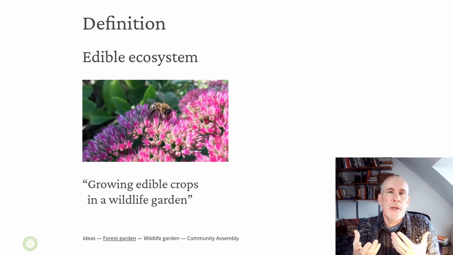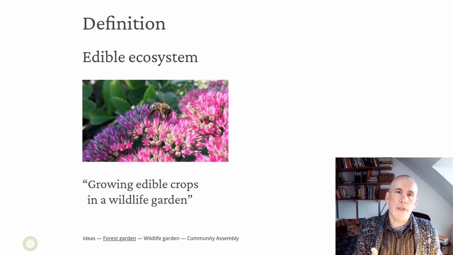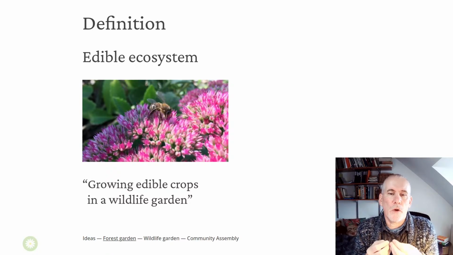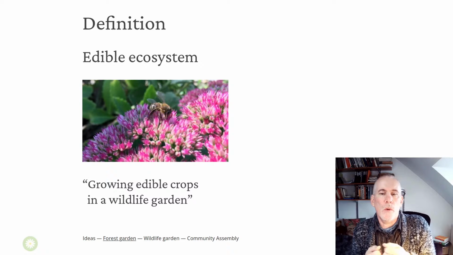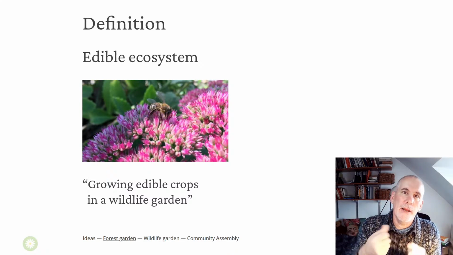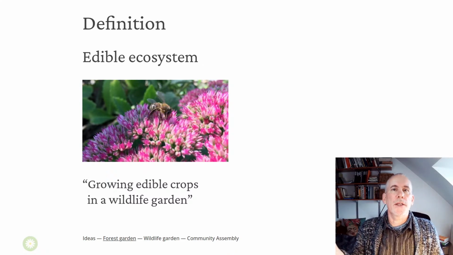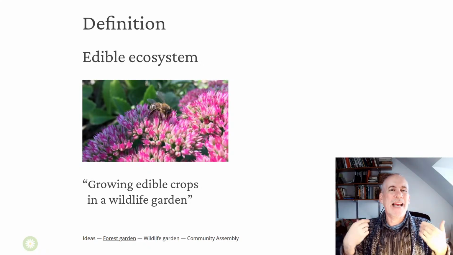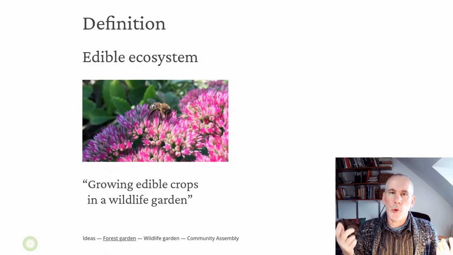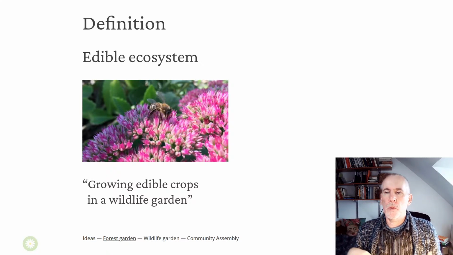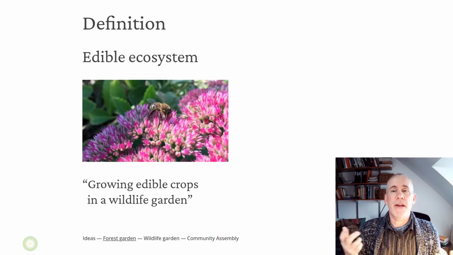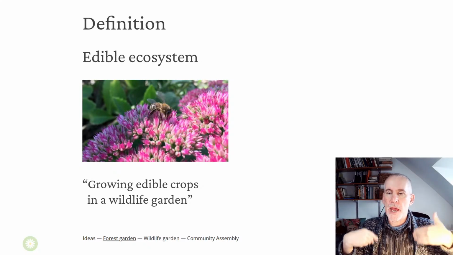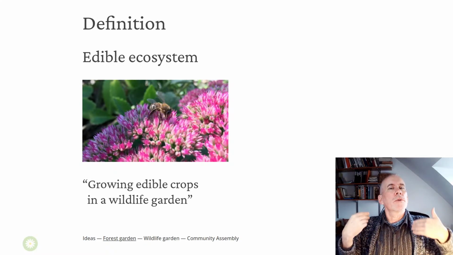Another definition is that it's an edible ecosystem. This is essentially what you're creating. The key to a forest garden is that you're not importing any fertility into the garden. It's already growing enough itself. You have nitrogen-fixing plants, potassium, for example alders or sea buckthorn or members of the pea family, the Siberian pea tree, and all the nutrients are there, but also the pest control.